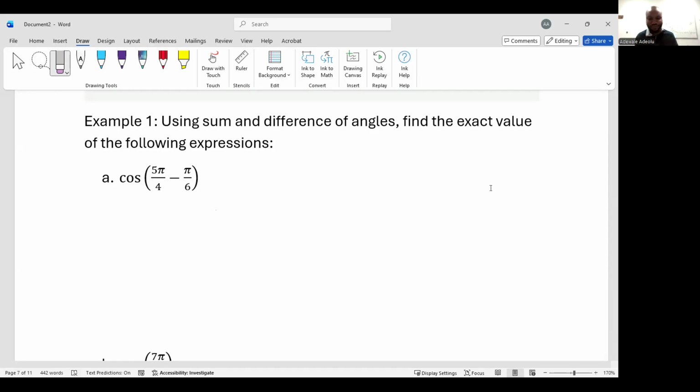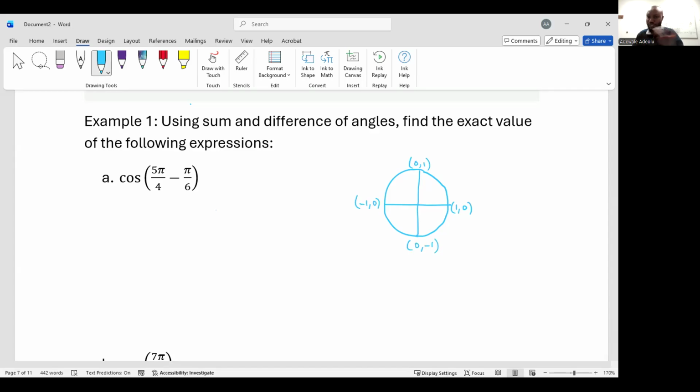Let me remind you of the story we have been telling in this class. We started with our dear friend, the unit circle, and we say this is (1, 0), this is (0, 1), this is (negative 1, 0), this is (0, negative 1).